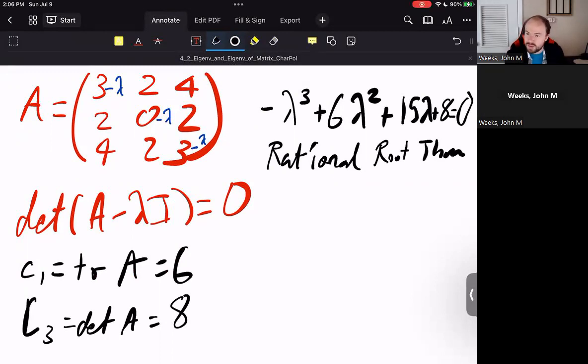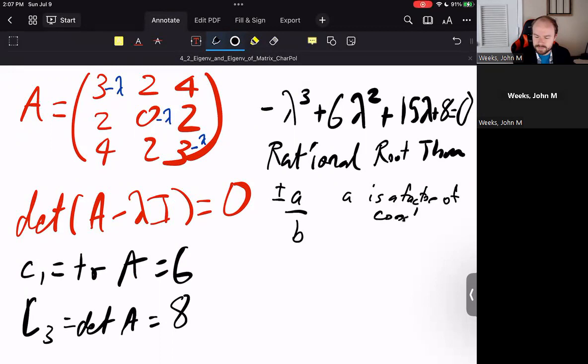Remember that the rational root theorem says that if you have rational numbers as your coefficients for a polynomial, then the possible roots are going to be of the following form: plus or minus a over b, where a is a factor of the constant term, and b is a factor of the leading coefficient.